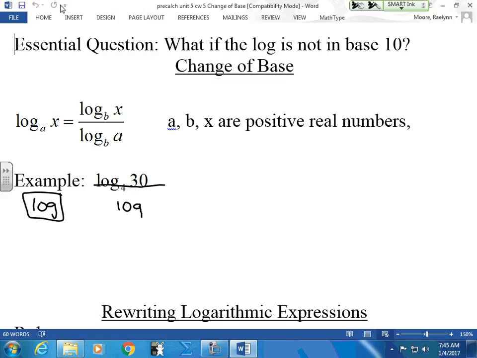So you take the top, and you leave the one on the bottom, just like that. And that'll put this back into base 10, and you can graph it, you can do an equation off of it, whatever you need to do. Okay, and then here, you can always use that base key. The ability there.